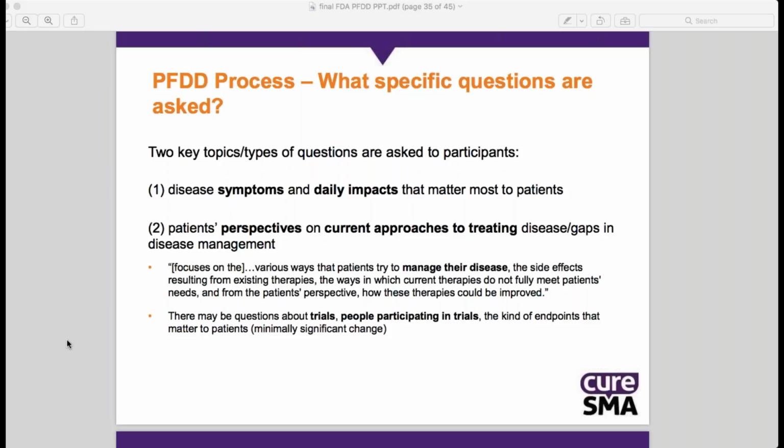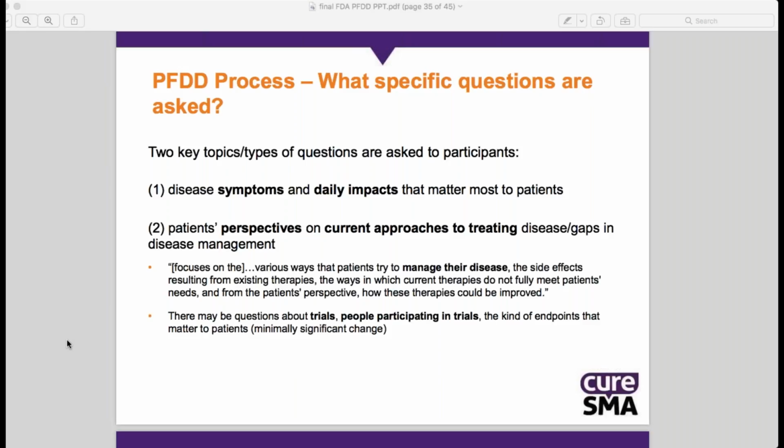And as meeting attendees, you'll have an opportunity to answer both polling questions as well as participate in a moderated discussion as an audience member to help provide your experiences and input. And the agenda is organized in a way to cover the two topics that FDA has identified as being very useful for their regulatory decision making.